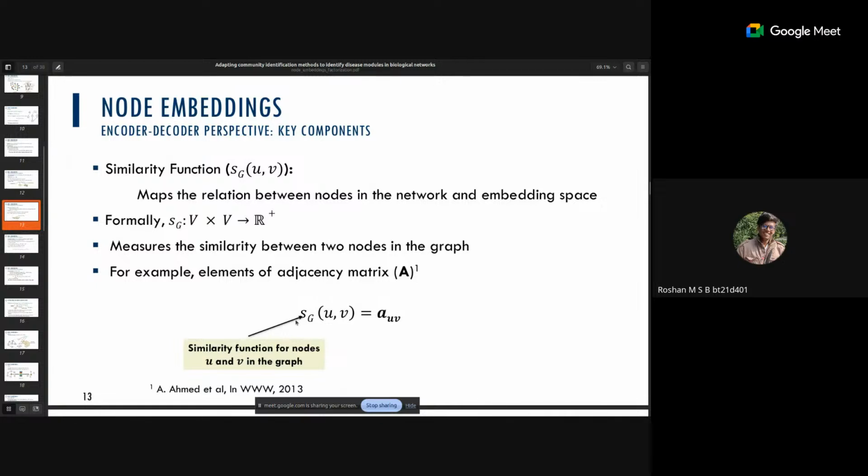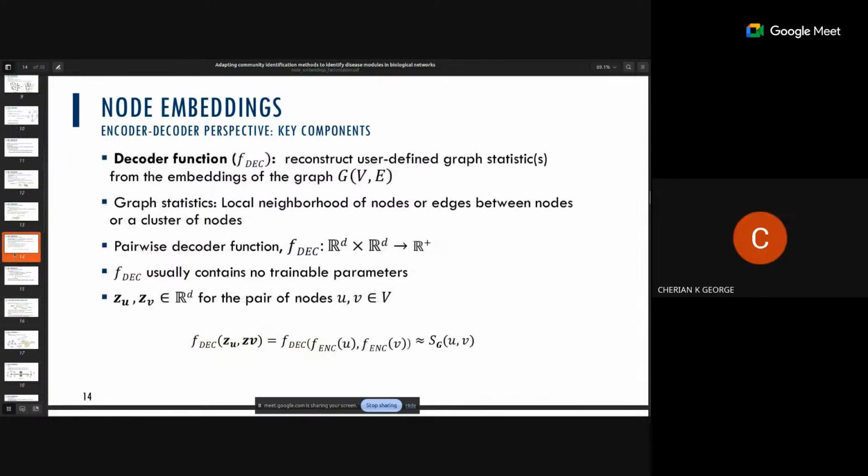So if S(u, v) is 1, the similarity score is 1, what does it actually mean? The nodes u and v are adjacent to each other, since the similarity function is based on the adjacency matrix in this case, which means they are directly connected. Yes. Okay.